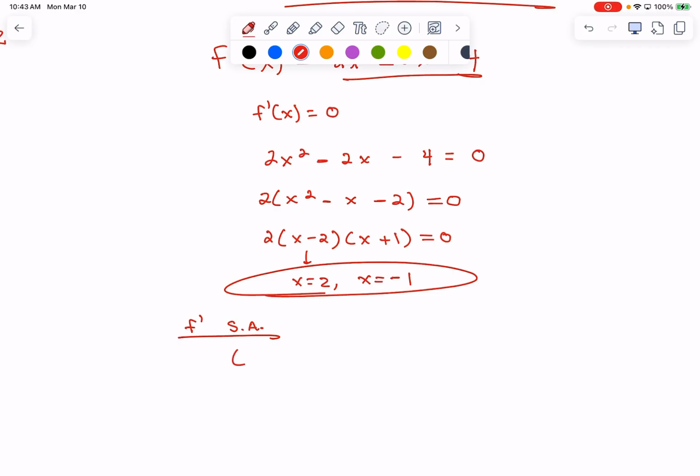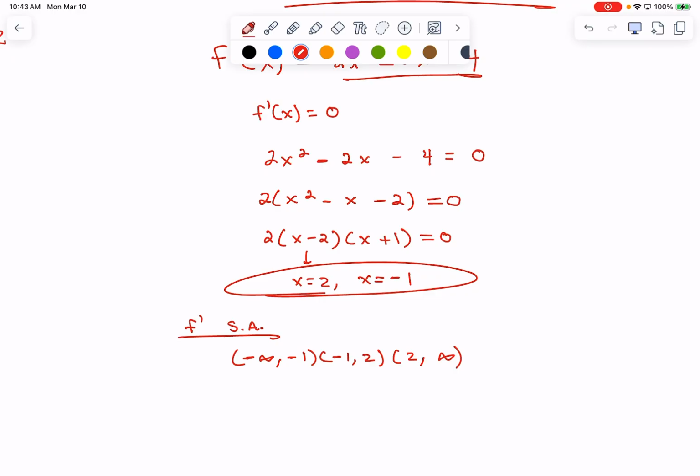All right, so we're going to go from negative infinity to negative 1. We're going to go from negative 1 to 2. We're going to go from 2 to infinity, as long as there's no even multiplicity. Does everybody know what even multiplicity is now? Bounces. That's when it bounces. The only way you get even multiplicity is if these show up more than once, like this would have to be second power or fourth power or sixth power.